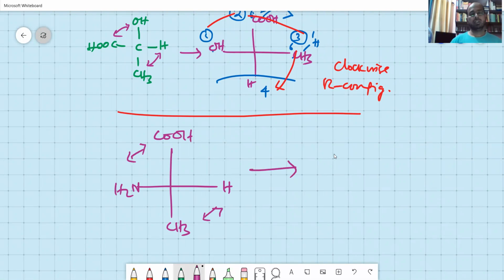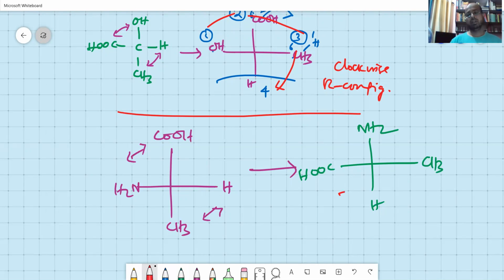You get a structure like this. Okay. H to the bottom, CH3 here, and then NH2 to the top, and then COOH to the left. As per the priority rule, hydrogen is fourth priority because of its atomic weight. Here you have 6, here you have 7, here also you have 6. So this becomes the top priority because of 7. So this is number 1 priority.